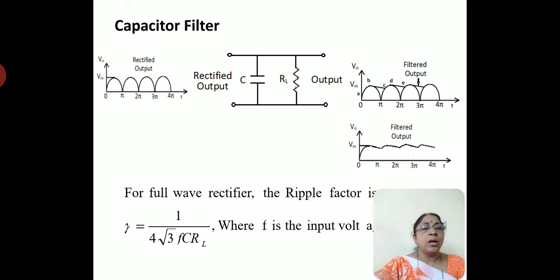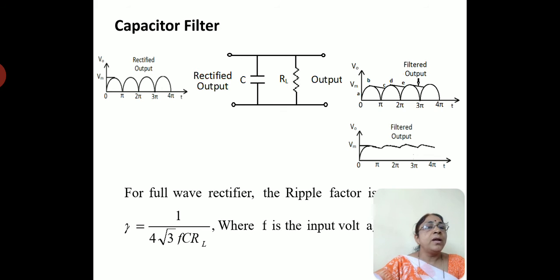It is just a small wavy function. And here what happens is, as the output voltage of the rectified output reaches from 0 to Vm, the capacitor gets charged. As it decreases from Vm to 0 again, between 0 to pi, the capacitor discharges, but it will not discharge completely.